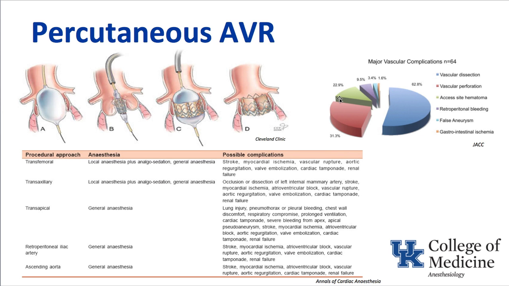Now, one of the questions, key words that the ABA asked in the last couple of years was, what are some of the complications of this form of aortic valve replacement? Well, one is if you're going through major vessels like the femoral vessel, you can get vascular dissection, perforation of vessels, retroperitoneal bleeding, aneurysm formation, gut ischemia, and there's multiple ways that you can put catheters in through the femoral vessels, through the transaxillary, through the apex of the heart, through the ascending aorta itself, and each of them are associated with some complications more than others.